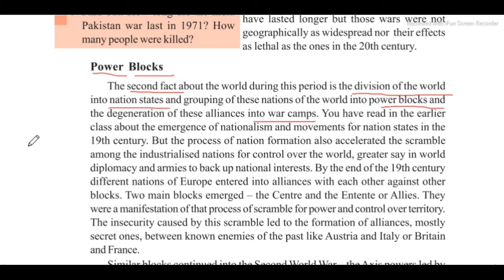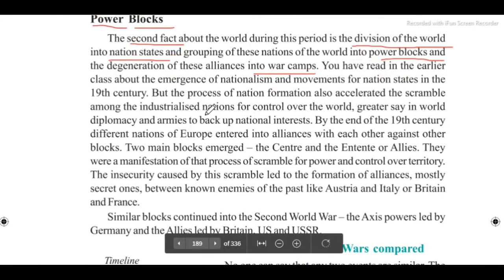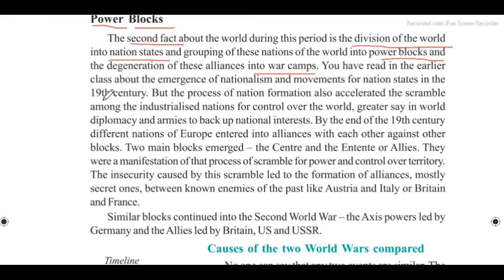You might have studied in your earlier classes about nation states, the unification of Germany and the unification of Italy. By the end of the 19th century, many nations had been formed on the basis of what? Nationalism.